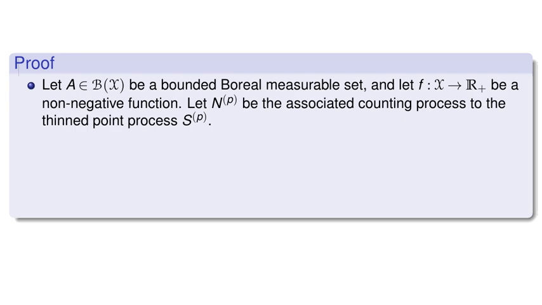Let's look at the proof of this thinning theorem. Let A in ℬ(𝒳) be a bounded Borel measurable set, and let f from 𝒳 to ℝ+ be a non-negative function. Let N^p be the counting process associated with the thinned point process S^p.